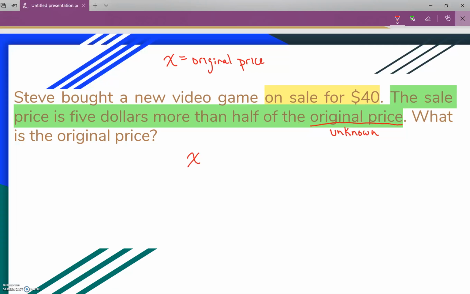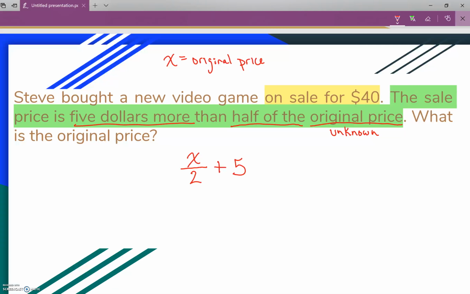So we take that original price and we want half of it. So it would be original price divided by 2. And then we want $5 more than that. So x divided by 2 plus 5. That is the expression for the sale price.